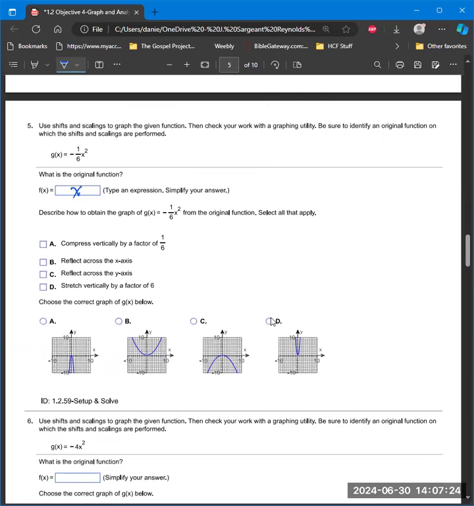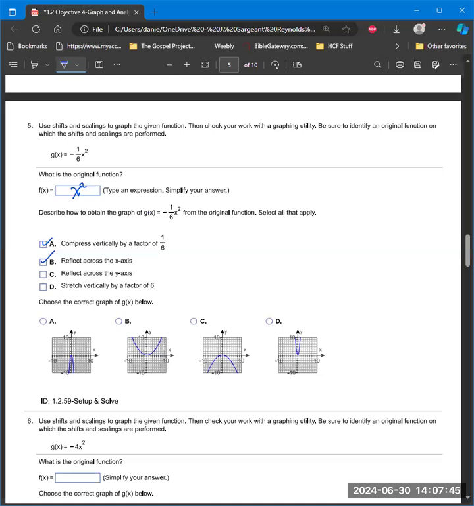This was originally x squared, and we have compressed vertically by a factor of 1/6, and we have reflected it across the x-axis with that negative sign there.